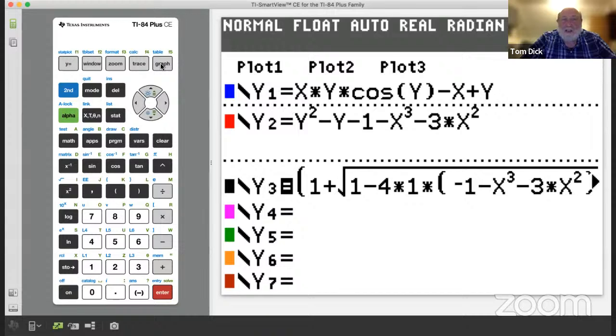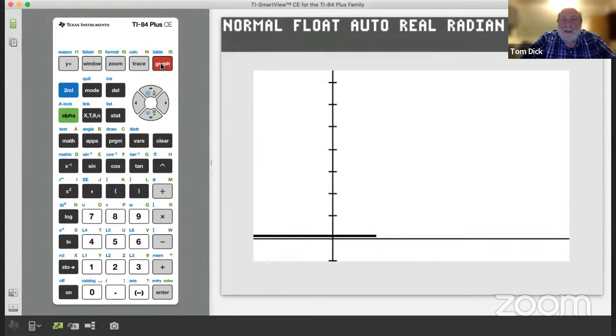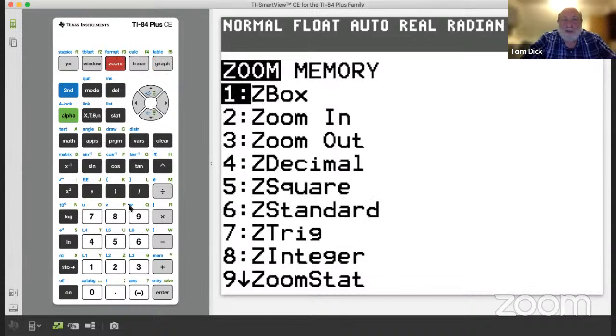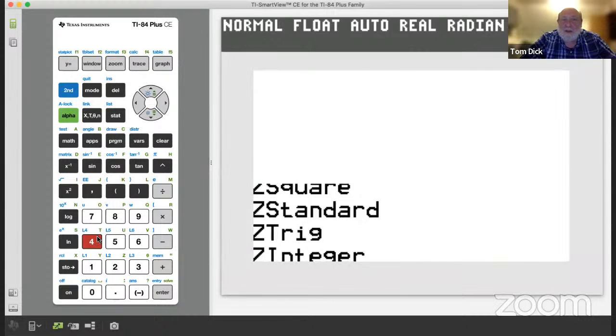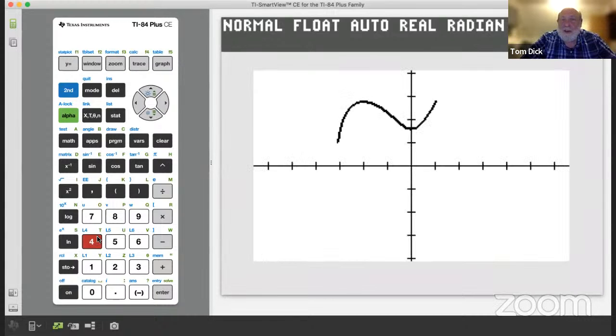Let's take a look at the graph. Oh, I've got some funky window here. So let me do a zoom, decimal, to get back to a reasonable window. And I think that looks kind of like a top half of Steve's curve.